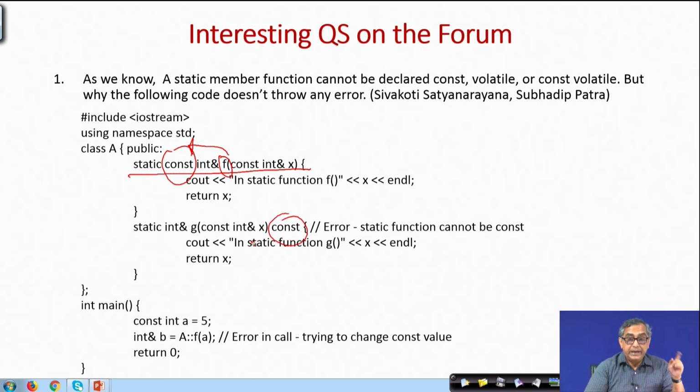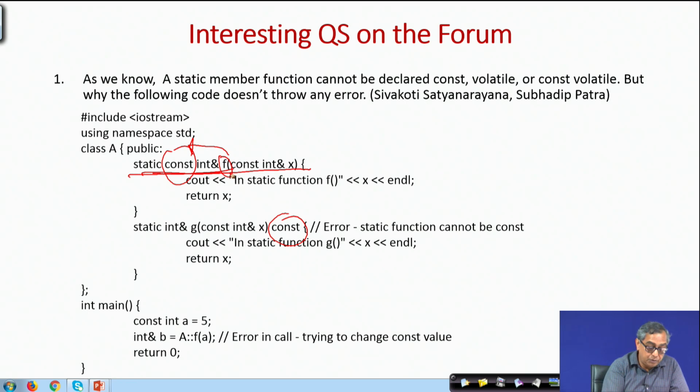A const function is where you write it after the list of parameters, where you say that this function cannot make changes to the object inside. Static functions do not have an object. So, there is no question of its being const, and if you try this, you will find that this const is basically saying that the reference that it returns is const.